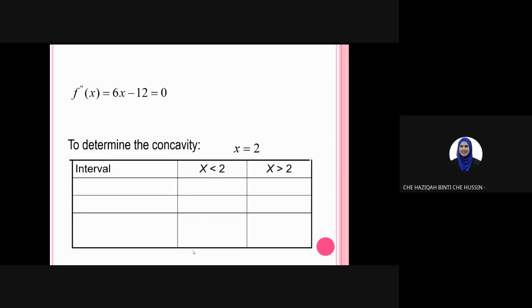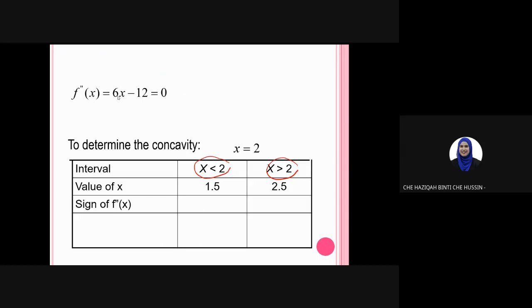To determine the concavity, when x equal to 2, the domain will be the interval x less than 2 and x greater than 2. For the value of x, we can choose any value for x less than 2. So this one we choose 1.5. And then for x greater than 2, we can choose 2.5. And then we substitute into f''.